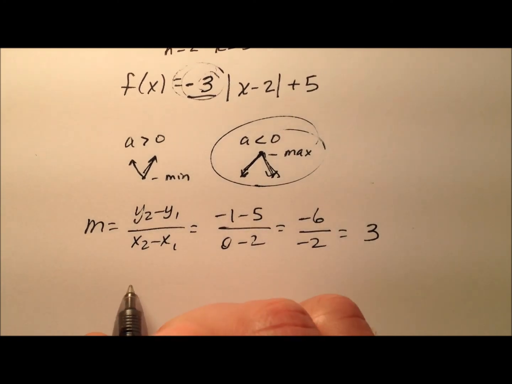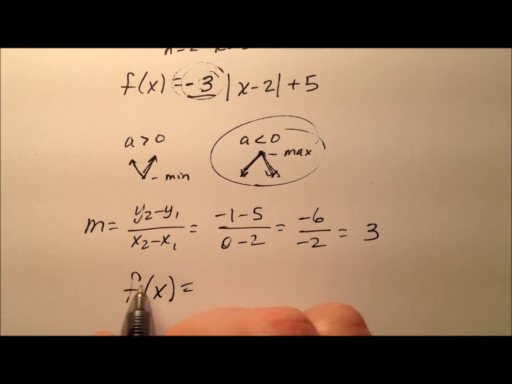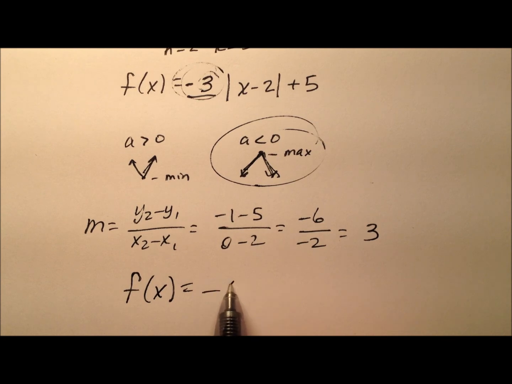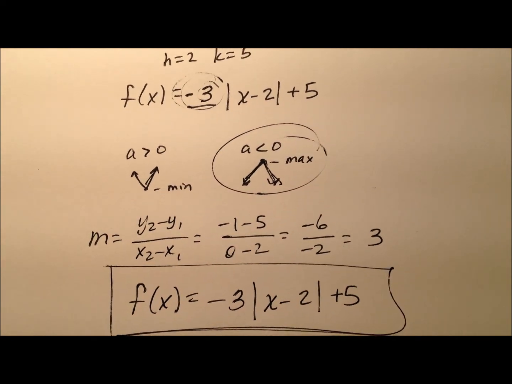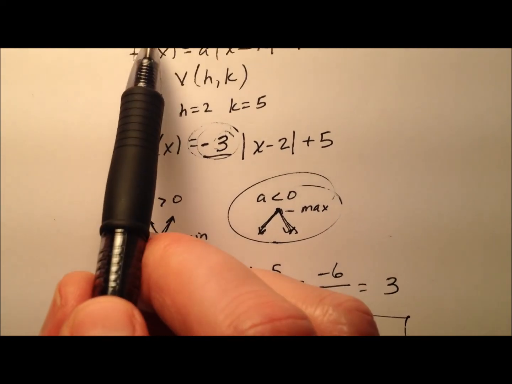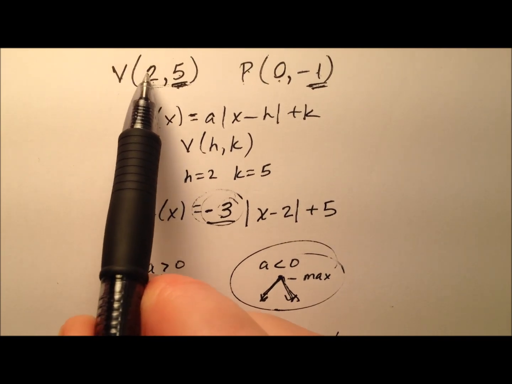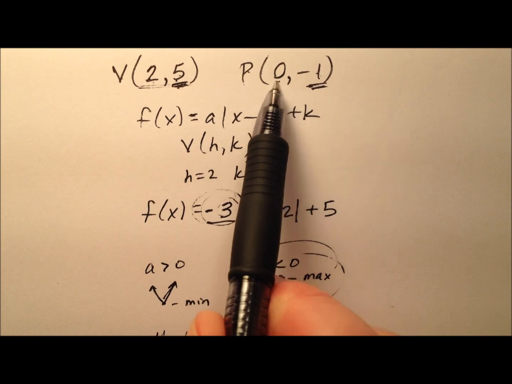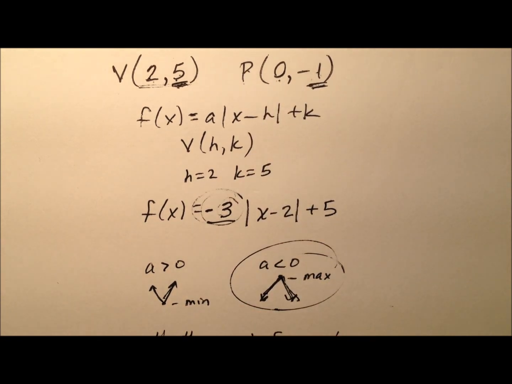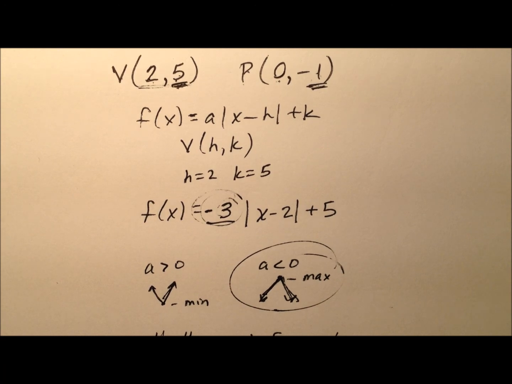Let's write this a little nicer. f of x equals, we have our negative 3 times the absolute value of x minus 2, plus 5. And this function is the absolute value function whose vertex is the ordered pair (2, 5), but the graph of the function also passes through point P, this ordered pair (0, negative 1). Those are some things you need to take into consideration when you're writing an absolute value function and you're given the vertex and some other point that the graph of the function passes through.